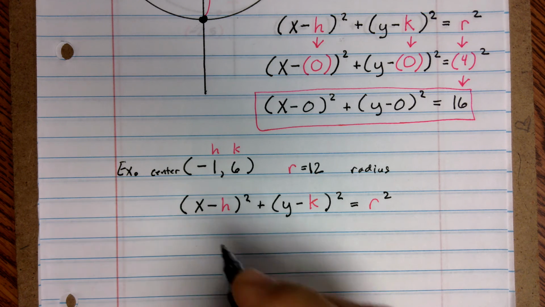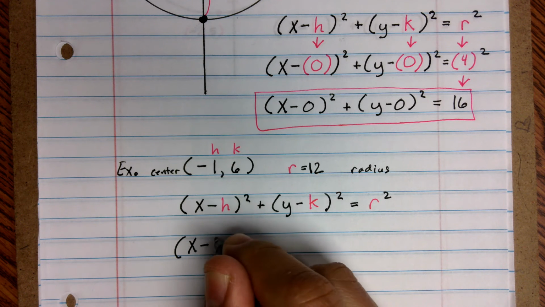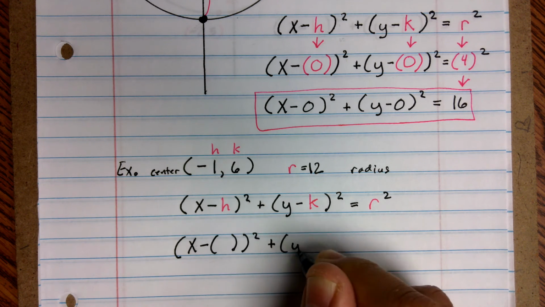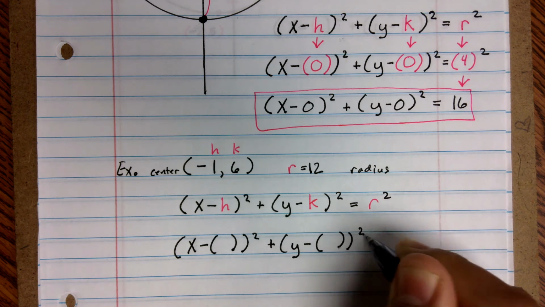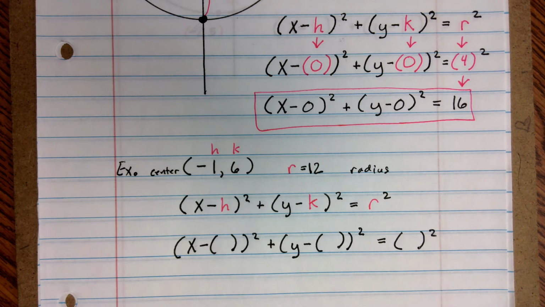Now at this point, I'm going to rewrite this and substitute my values. So x minus some value for h plus y minus some value for k equals some value for r squared.